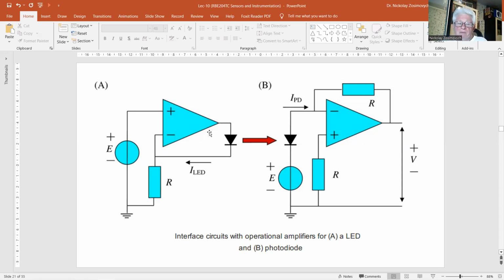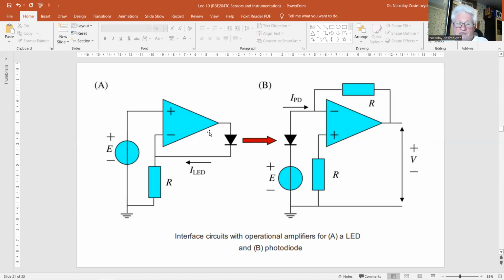Using operational amplifiers, interface circuits for both source and receiver can be designed with much better performance. And this figure shows the basic configuration for each of these components. In both circuits, left and right, the operational amplifiers are configured in the feedback mode.